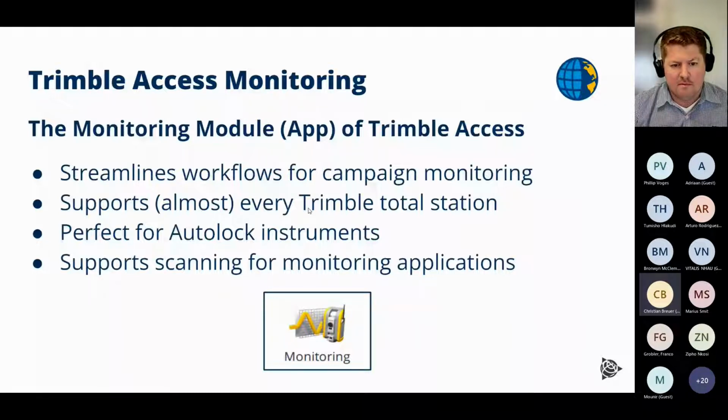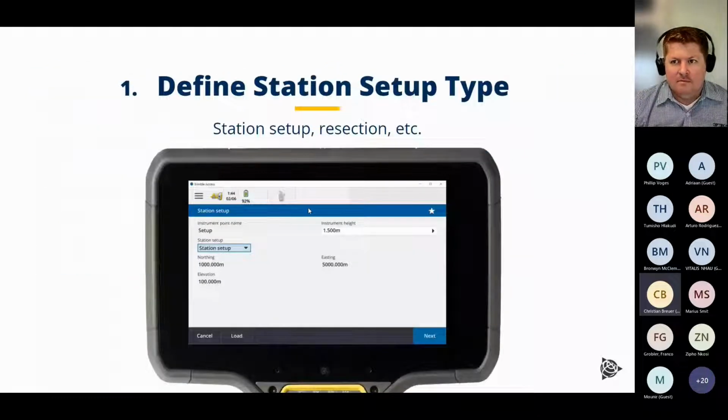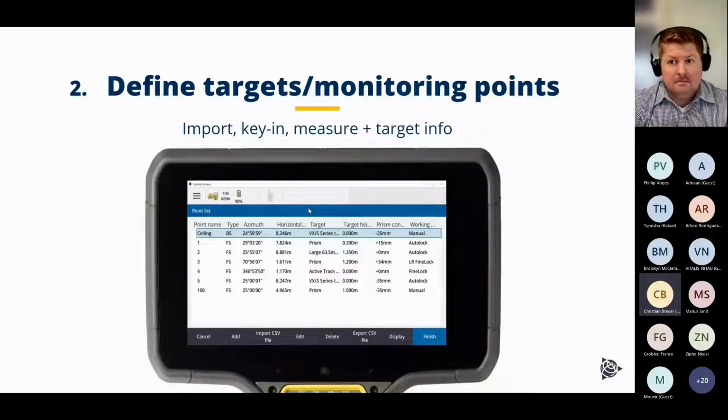Basically, the first thing when you go on site is you start the Trimble Access monitoring application and you do your standard total station setup. This can be a standard station setup, a station setup plus, or a resection. Doesn't matter. Once you have done so, you select the points that you want to observe during this campaign monitoring.